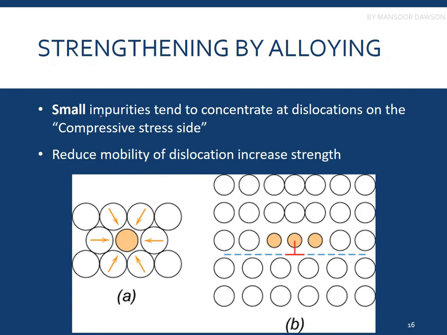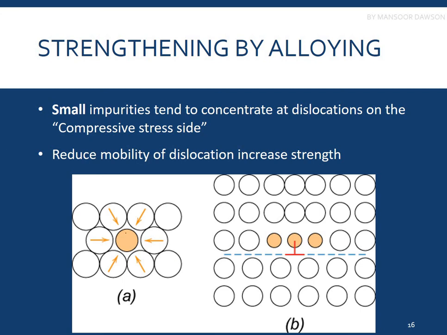Small impurities tend to concentrate at dislocations on the compressive side of the stress, and the mobility of dislocation is reduced. So the same thing is happening, that is, we are providing a hindrance to the dislocation motion, but in this case not with the grain size; it is when an interstitial impurity is added inside our material.